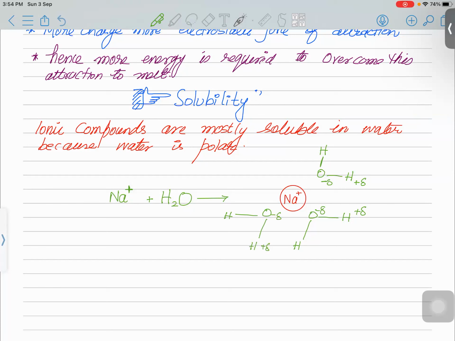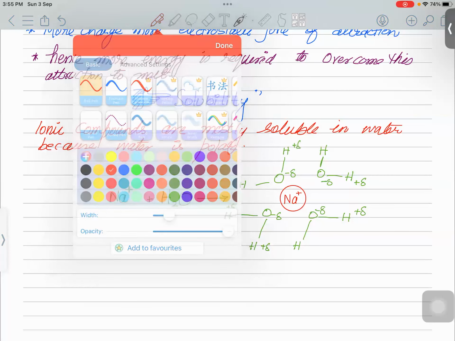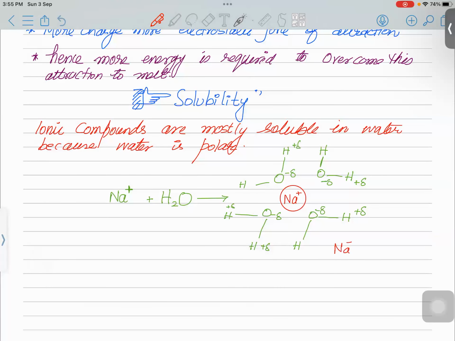Now sodium is surrounded by water molecules. That's why it is called sodium aqueous. Aqueous means surrounded by water. Water is polar because it has negative and positive charges.